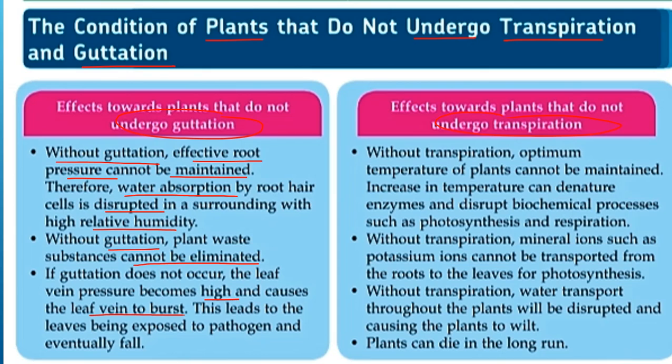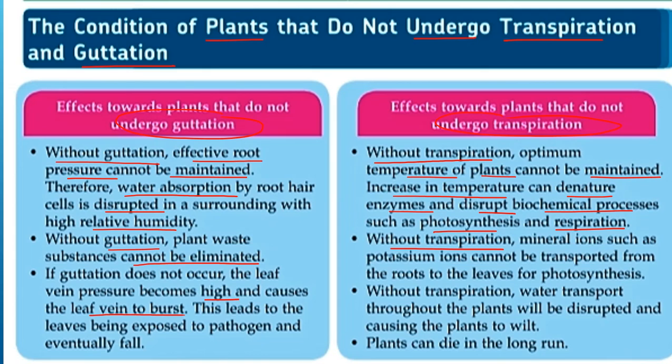Okay, while effect towards plants that do not undergo transpiration. Without transpiration, optimum temperature of plants cannot be maintained. So increase in temperature will denature enzyme and also disrupt the biochemical processes such as photosynthesis, respiration, and so on.